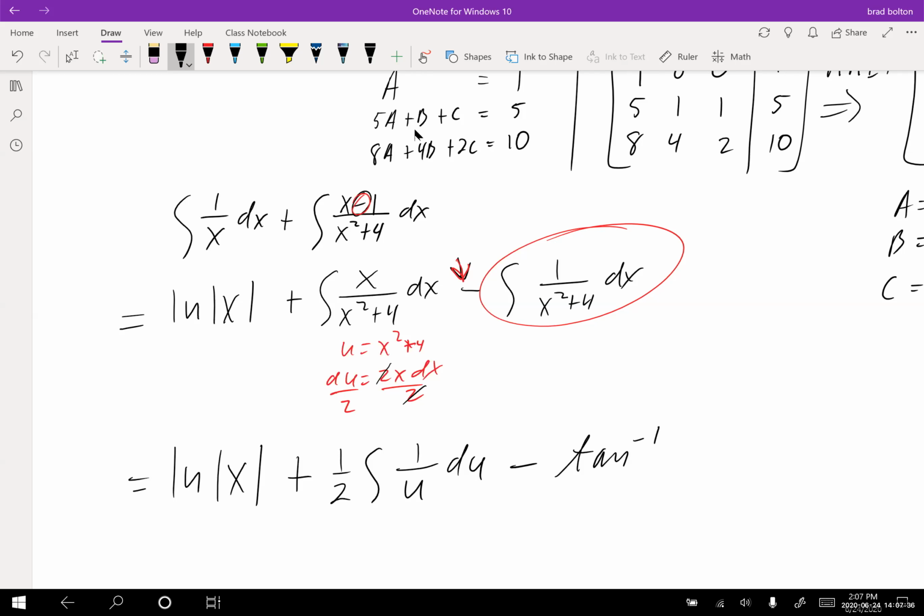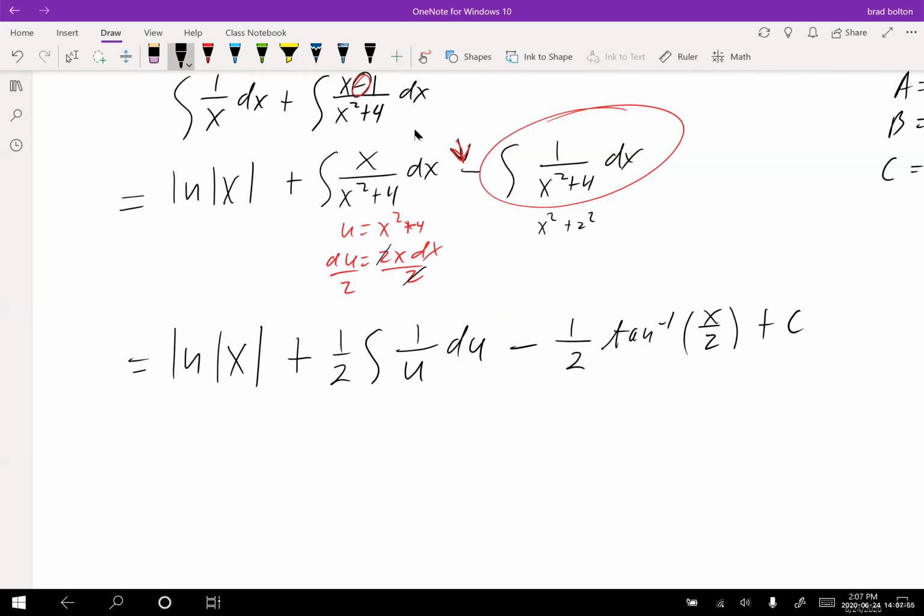Oops, I think there's a little bit extra to this. Remember the formula for arctan had a, it was 1 over a, but in this case, a is 2, right? Because this is x squared plus 2 squared. So this would be 1 over 2 tan inverse of x over a, so x over 2 plus c.